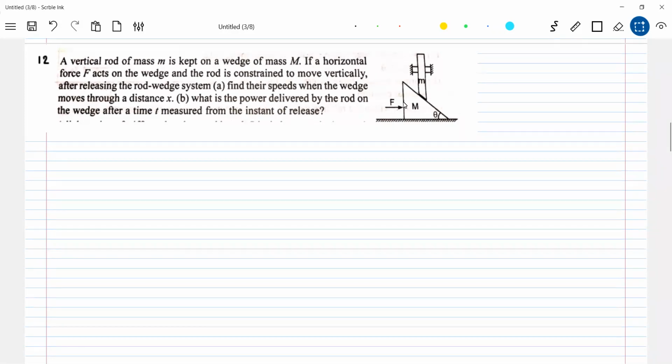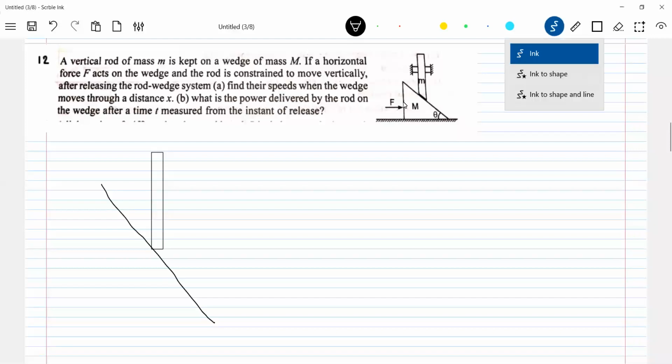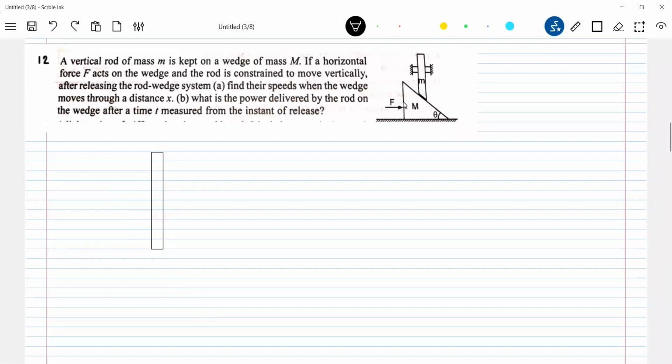What are the various forces that will be acting on the system? I think we have discussed this twice.